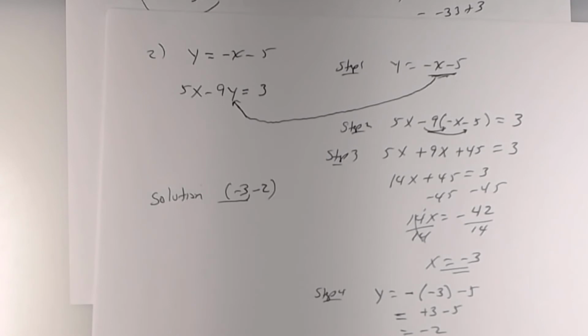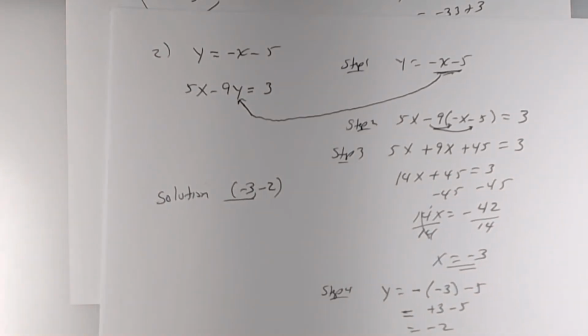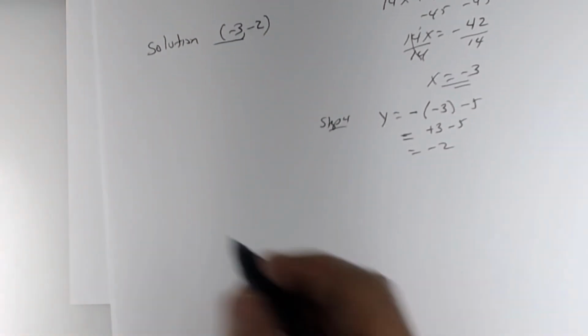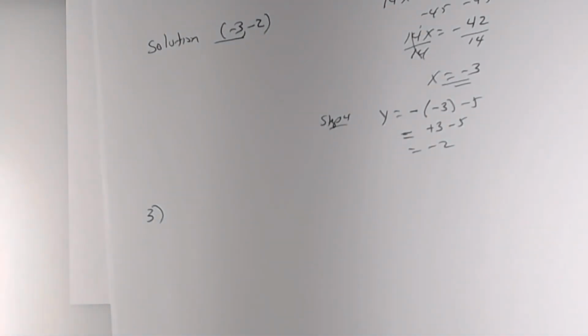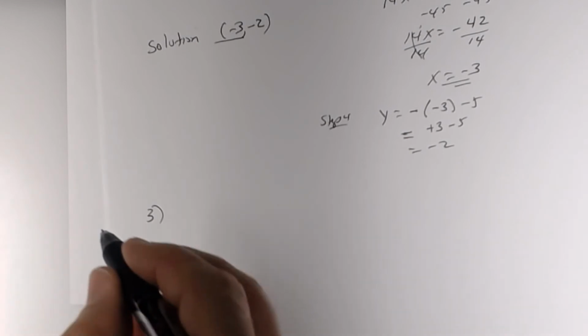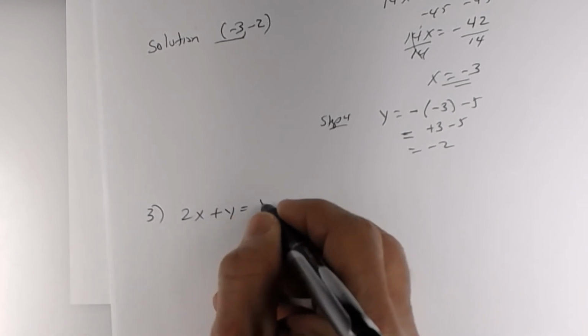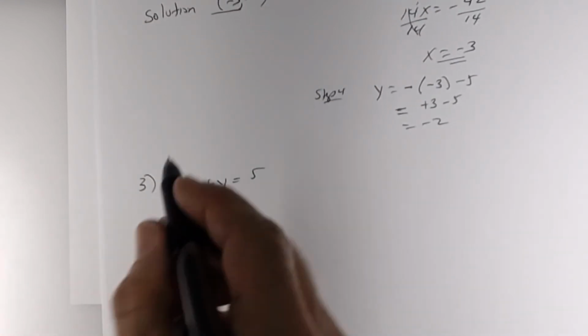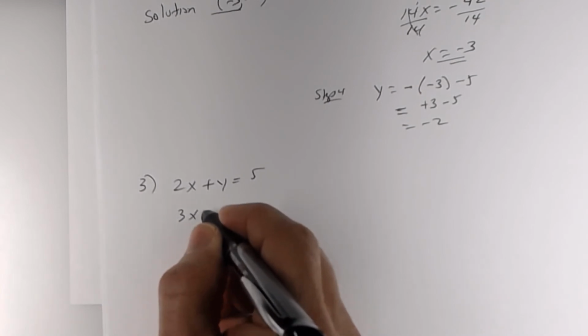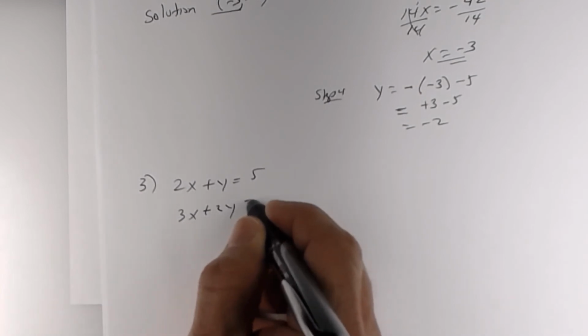Okay, let's do another one with substitution. Now the first two are easy because one of the variables was already by itself. So let's look at 3. Again, substitution. Let's suppose I had 2x plus y equals 5, and then 3x plus 2y equals negative 8.